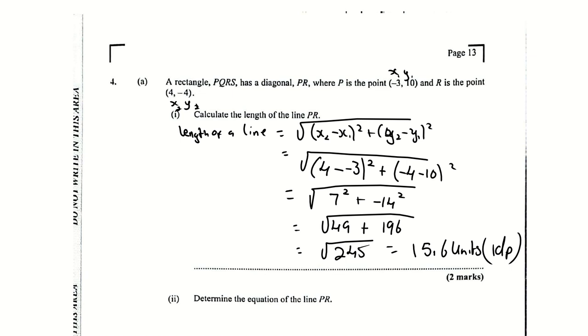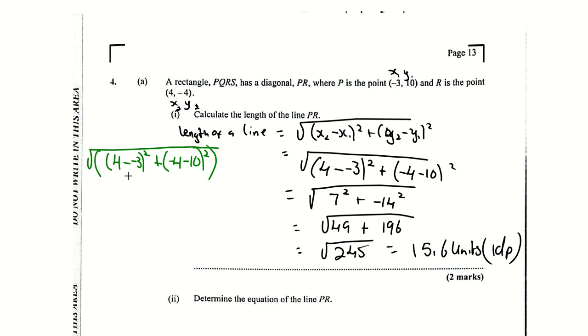Right, let's just make sure that is correct. If you want to do everything in your calculator at once, let me put it in green. On your calculator, you press the square root sign, then open bracket, then open bracket, 4 subtract negative 3, to the power of 2, plus open bracket, negative 4 subtract 10, to the power of 2, and then you close the brackets like this.